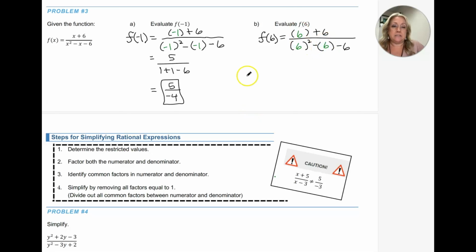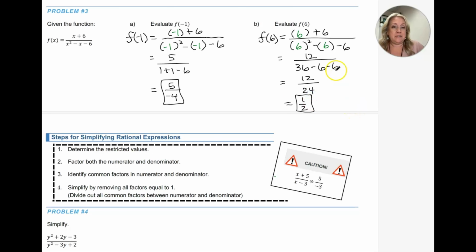In place of x, and then when we simplify this, on the top 6 plus 6 is 12, in the denominator 6 squared is 36, and then minus 6 minus 6, so we get 12 over 36 minus 6 is 30, minus another 6 is 24. And so if I finish simplifying that all the way, I'll get 1/2 for my answer there.